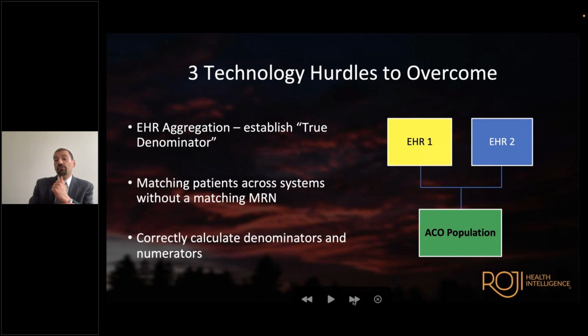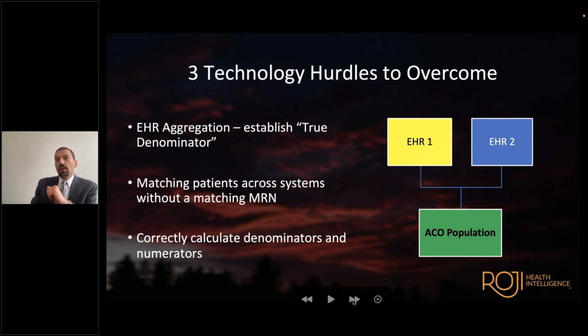So you need to make sure that you are looking at patients uniquely. And that means that you must match patients across systems without a matching medical record number, without a social security number, without any sort of other unique identifier.